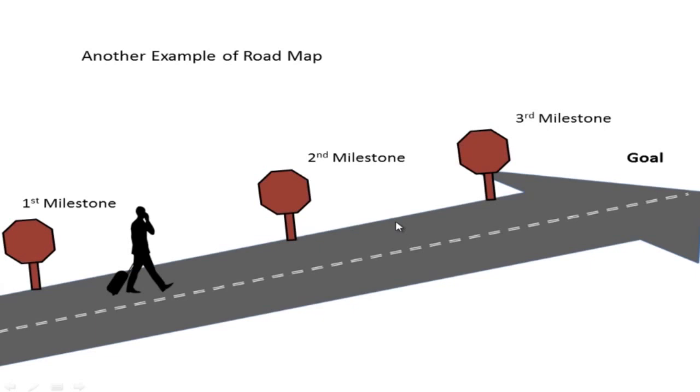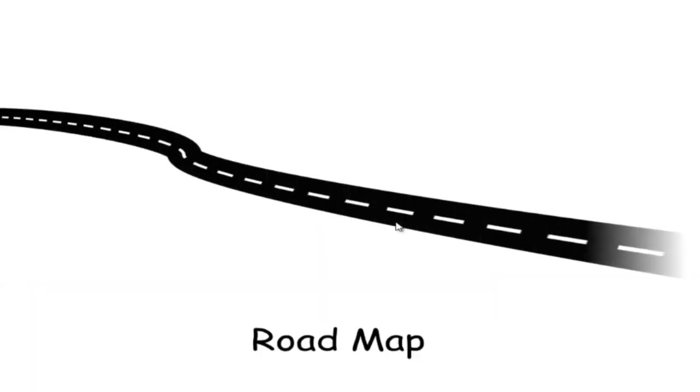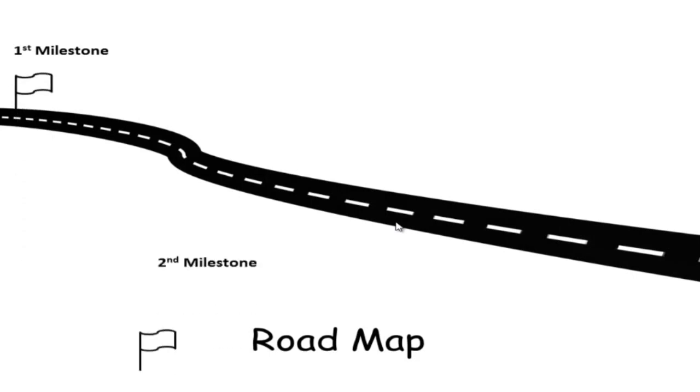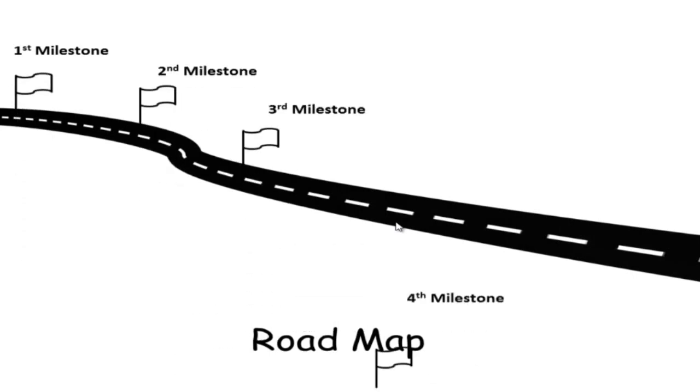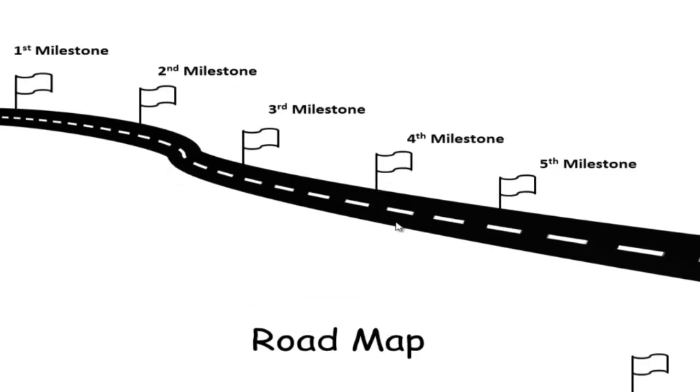Let's see another example. This is another roadmap where we have a few milestones. We have first drawn the road, and after that these are the small milestones.